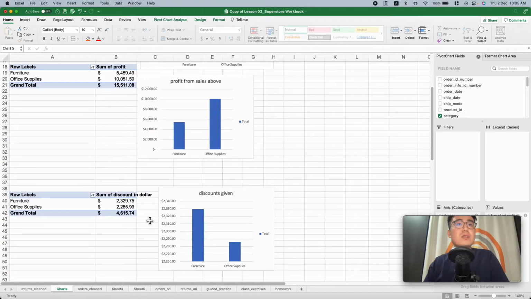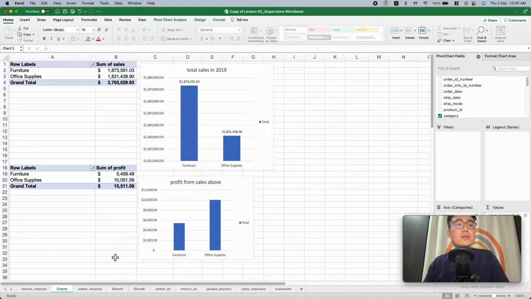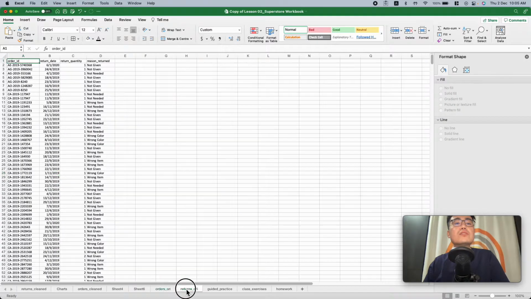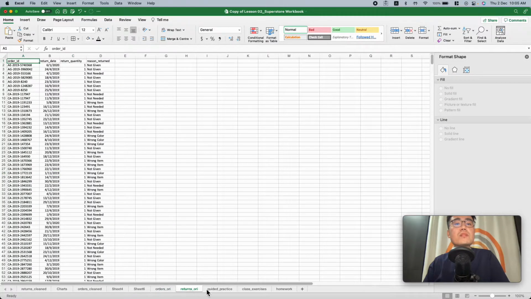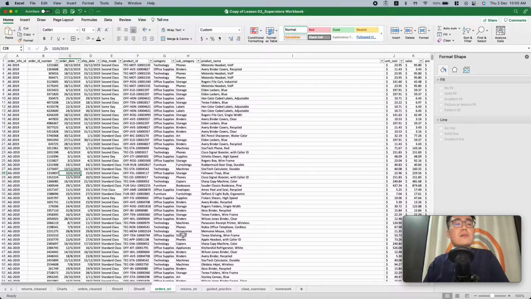So how did I reach this point? Let me go through the original and return sheets. I didn't actually copy this out. I just kept doing it in this Excel that was given, that I've downloaded. So these few are the original sheets.